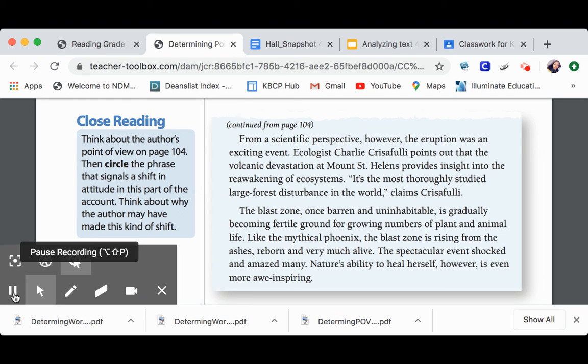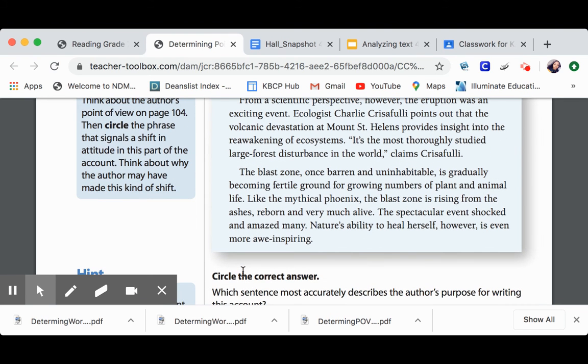It's the most thoroughly studied large forest disturbance in the world, claims Crisafulli. The blast zone, once barren and uninhabitable, has gradually become fertile ground for growing numbers of plants and animal life.